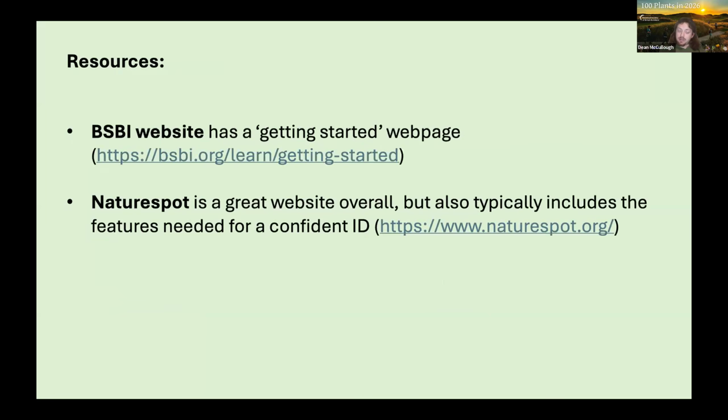And then the second, these are both websites, mind. The second website that you might have come across is a website called Nature Spot, and it's run out of a certain English county, but I can't remember what county it is. So it doesn't have all species, but it's a great website overall, and it also typically includes the features needed for a confident ID with a lot of plants.